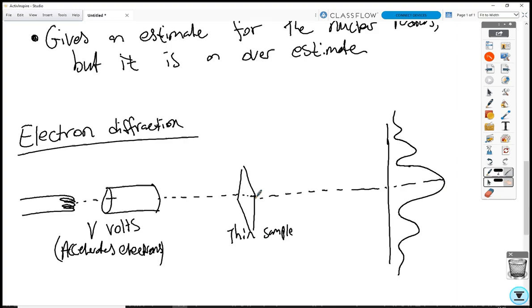So when that happens, we get some electrons which go at some angle, theta. So that's, for example, your second, your third order. So electrons diffracted by nuclei, because there's multiple of them.